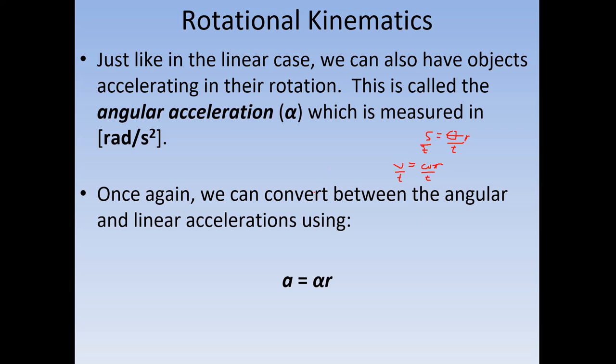Now, of course, this isn't the best thing to do, only because technically these are supposed to be change in velocity, change in angular velocity, but the point still comes across the same way, that it's the same setup. Linear equals angular times radius. Now, I should point out that that's not always going to be the case. It's only true in these cases because each of these terms are linearly related to each other.